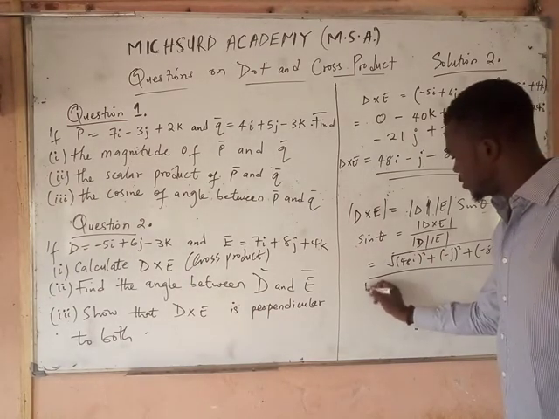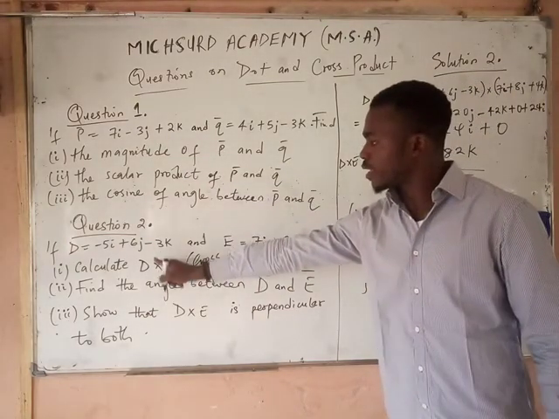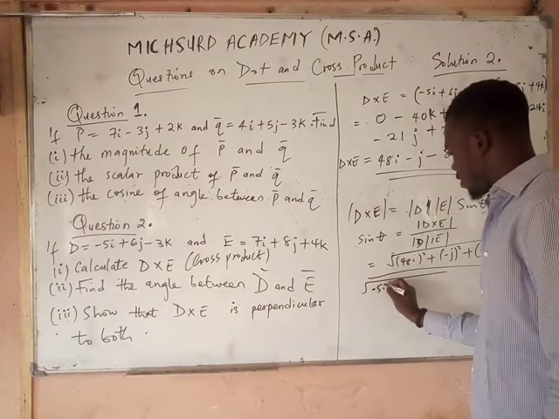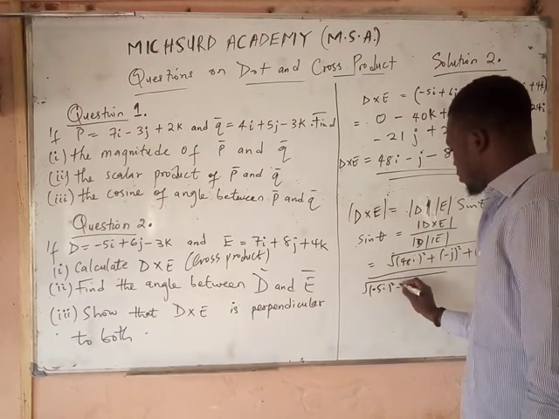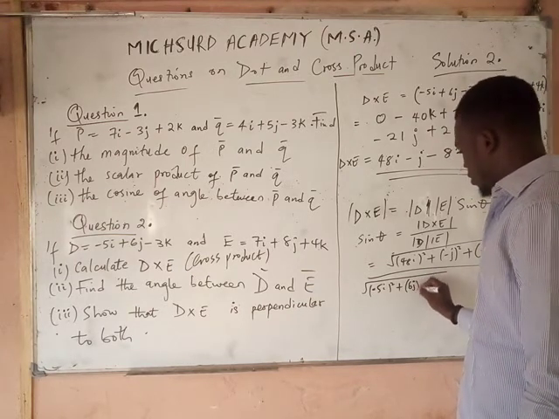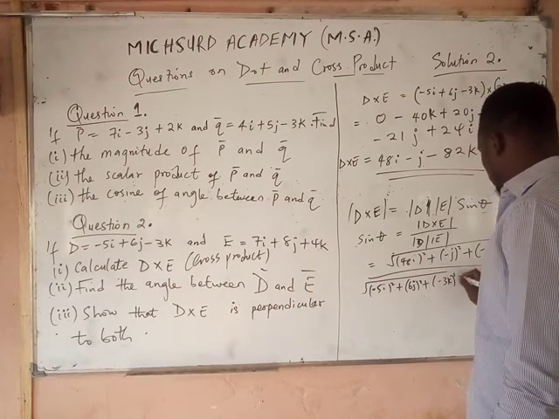So the magnitude of D, we go to D, we have D here, right? So we have the square root of minus 5i all squared plus 6j all squared plus minus 3k all squared.